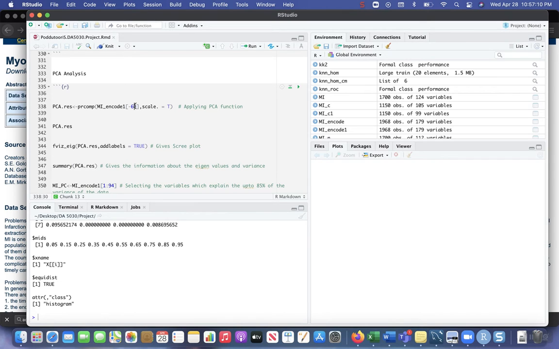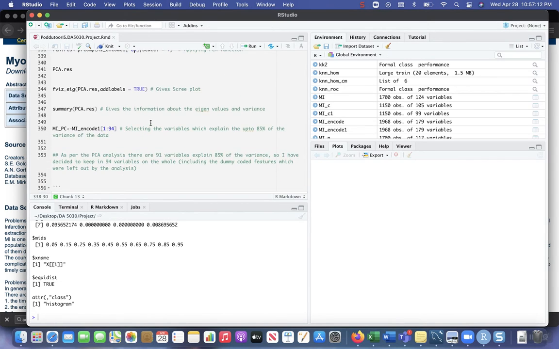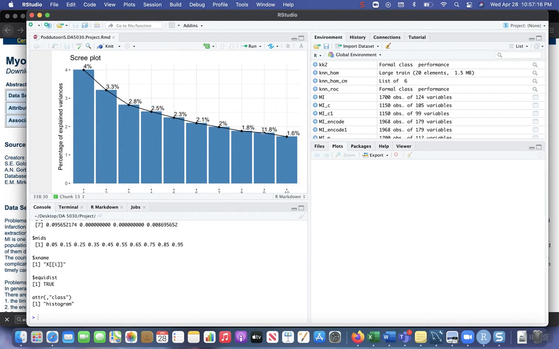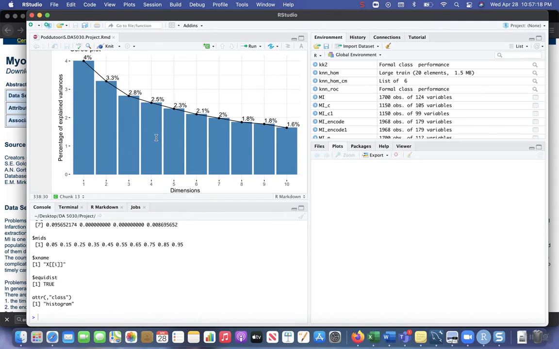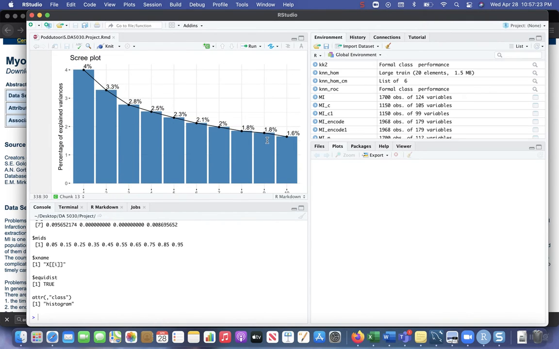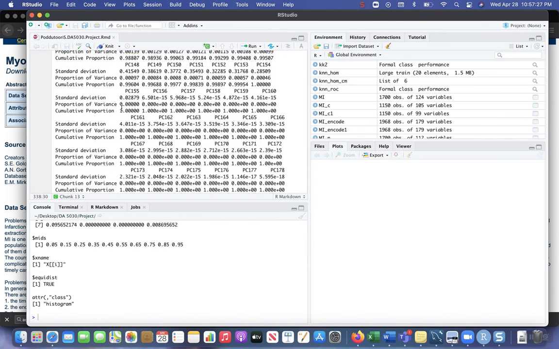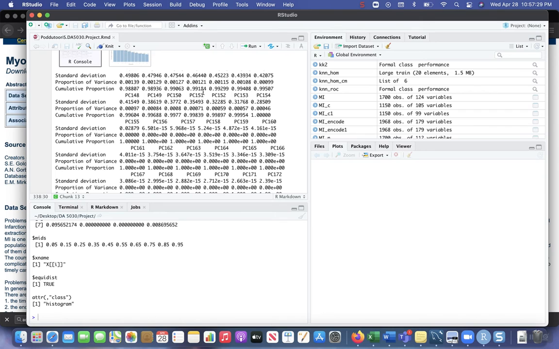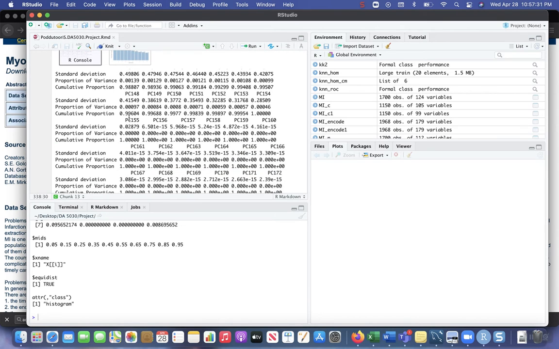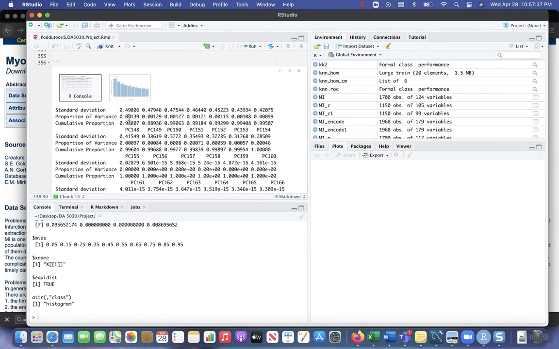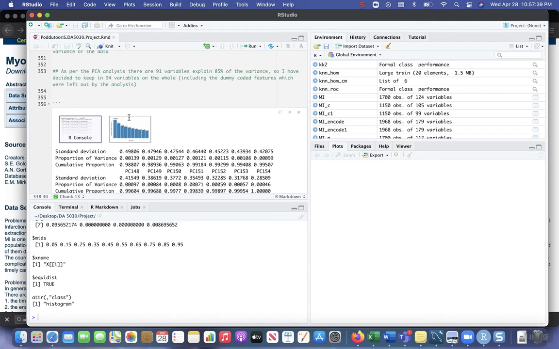So, removing the target variable from the analysis, the PCA, this is the scree plot it gives. As you can see, the top 10 dimensions of principal components only attribute to around 25% of variance. As per eigenvalues and the proportion of variance, around 100 variables explain 90% of variance.